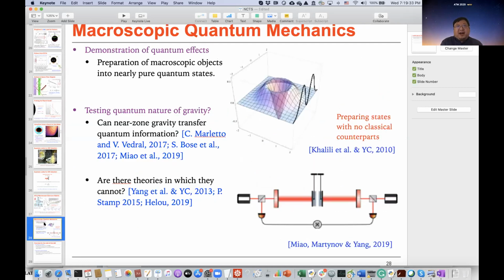So people have thought about ways of using this fact. Certainly you can think about ways to prepare quantum mechanical states for these macroscopic objects which have no classical counterparts.